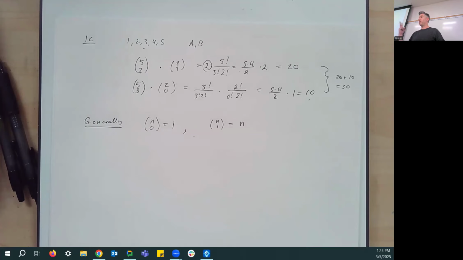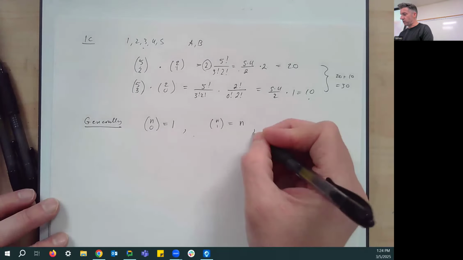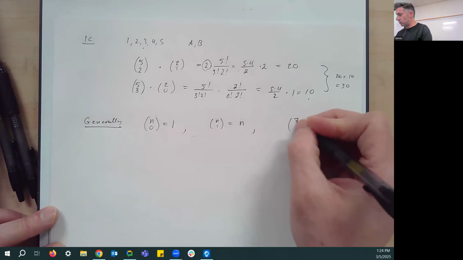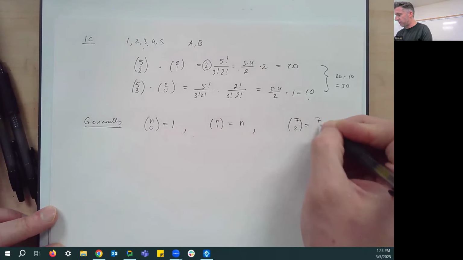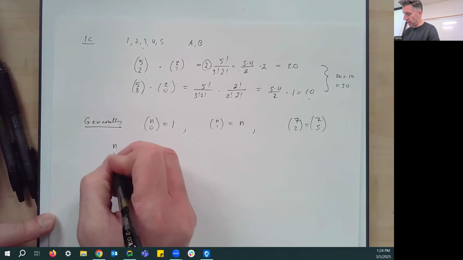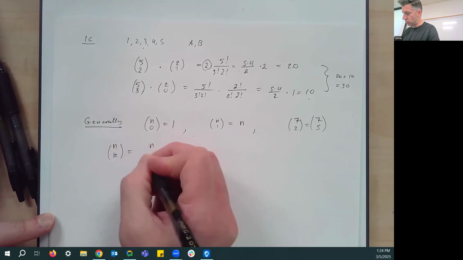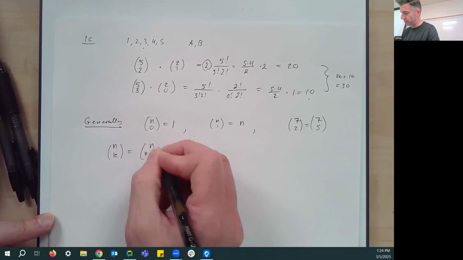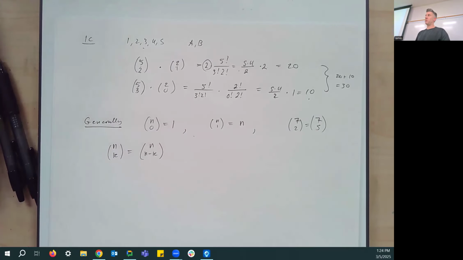So if I want to count the number of ways to pick 2 fingers, I can also count the number of ways to pick 3 fingers and then exclude them. So 5 choose 2 is equal to 5 choose 3. Or you can also say something like, I don't know, 7 choose 2 is equal to 7 choose 5. Or more generally, n choose k is equal to n choose n minus k. There's always a symmetry.